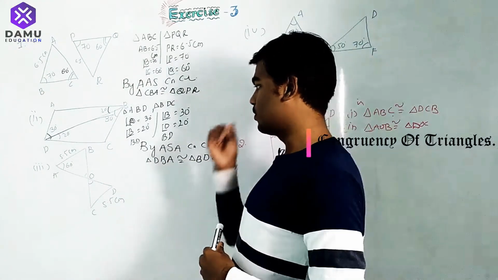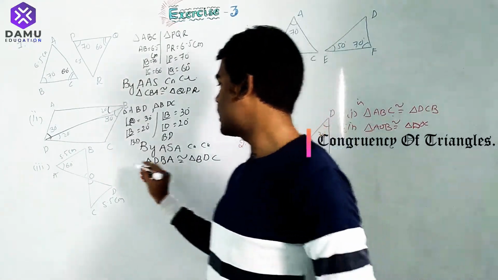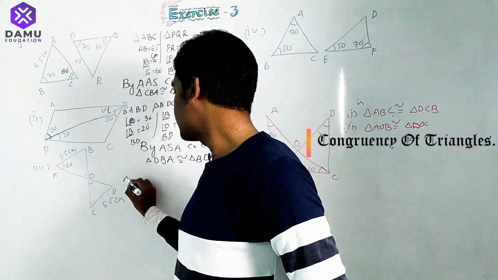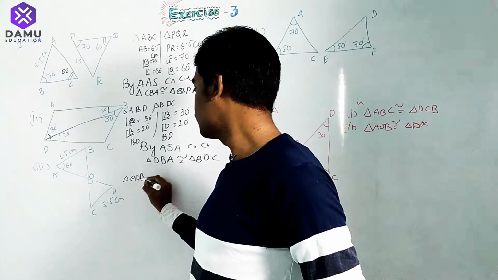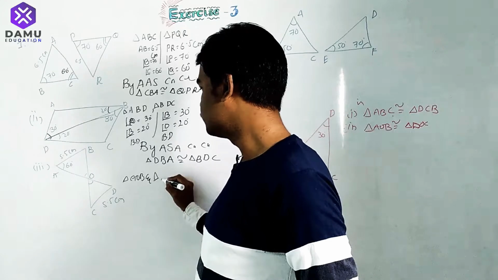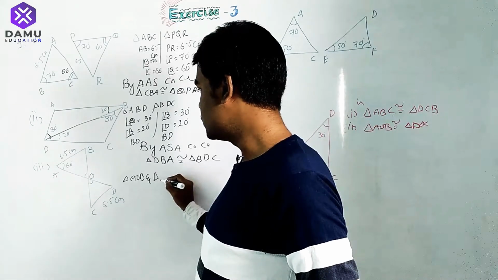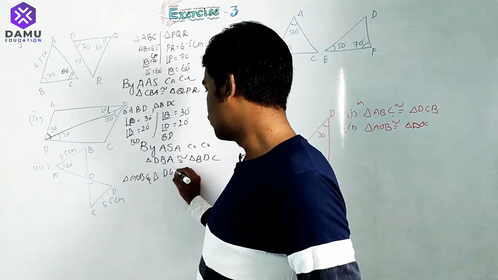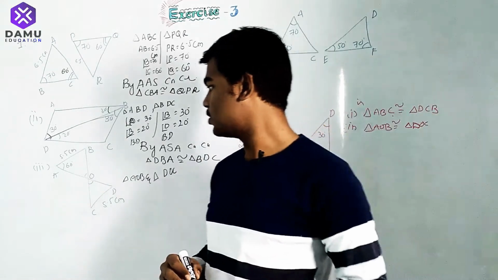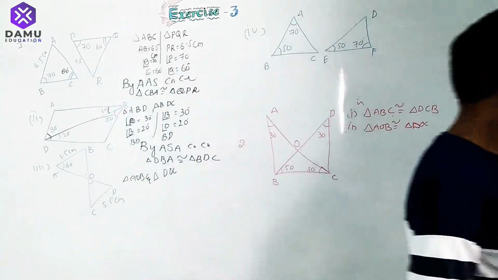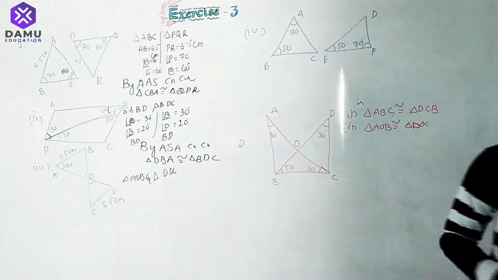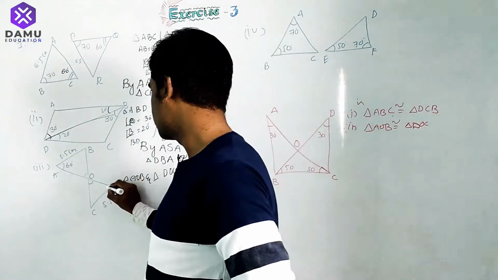Third one. The triangles given are triangle AOB and triangle DOC. Here angle D is equal to 60 degrees.